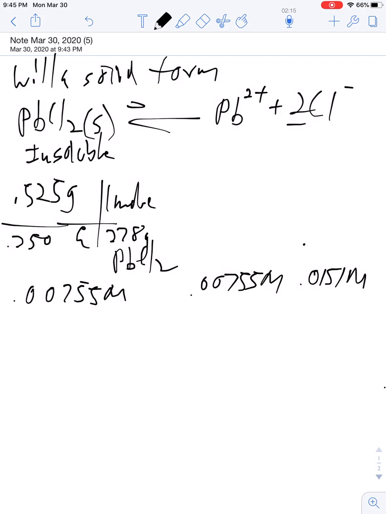Okay? So, will a precipitate form on the bottom of your beaker? This is where we're going to calculate Q. Q, remember, is when you're calculating your initial concentrations and not the equilibrium. If Q is greater than K, precipitate forms.